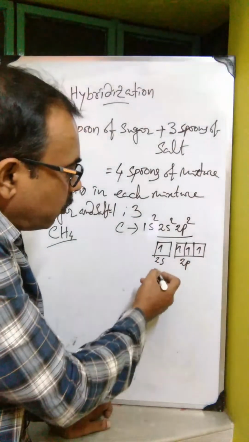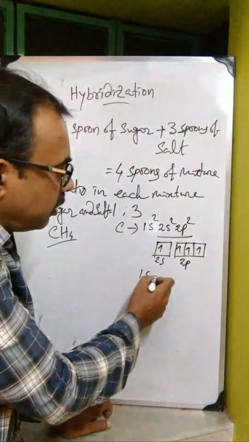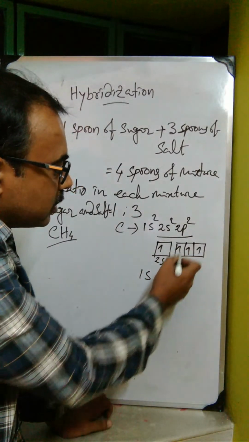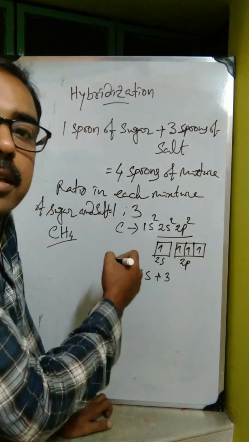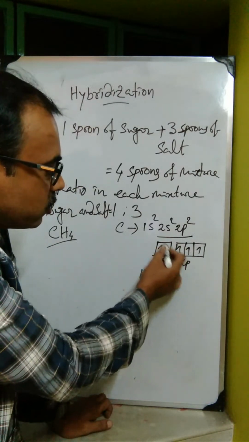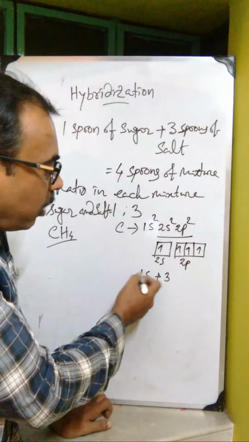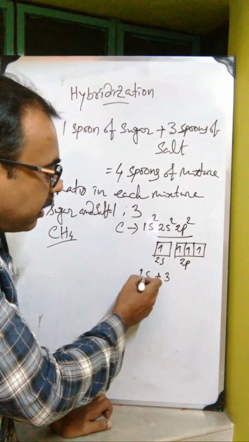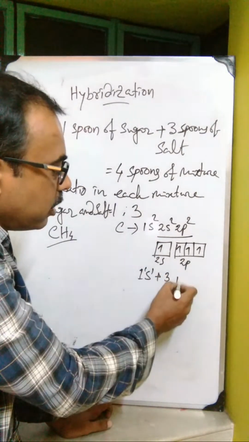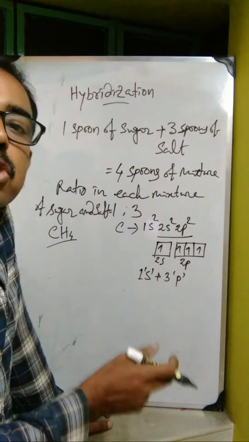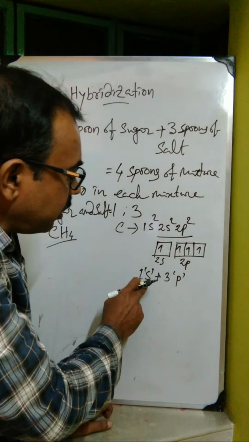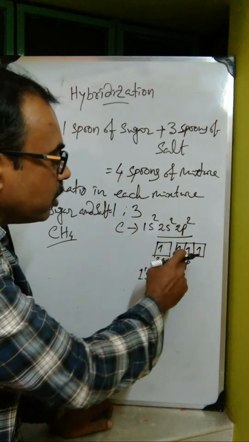Now, here we have the 1 s orbital and 3 p orbitals: px, py and pz. Mixing occurs between the one s orbital and 3 p orbitals.